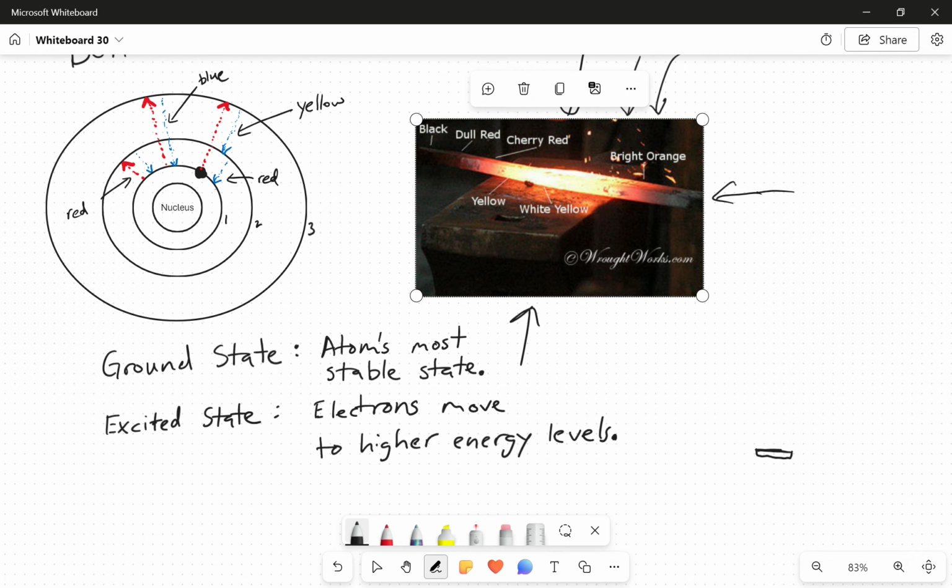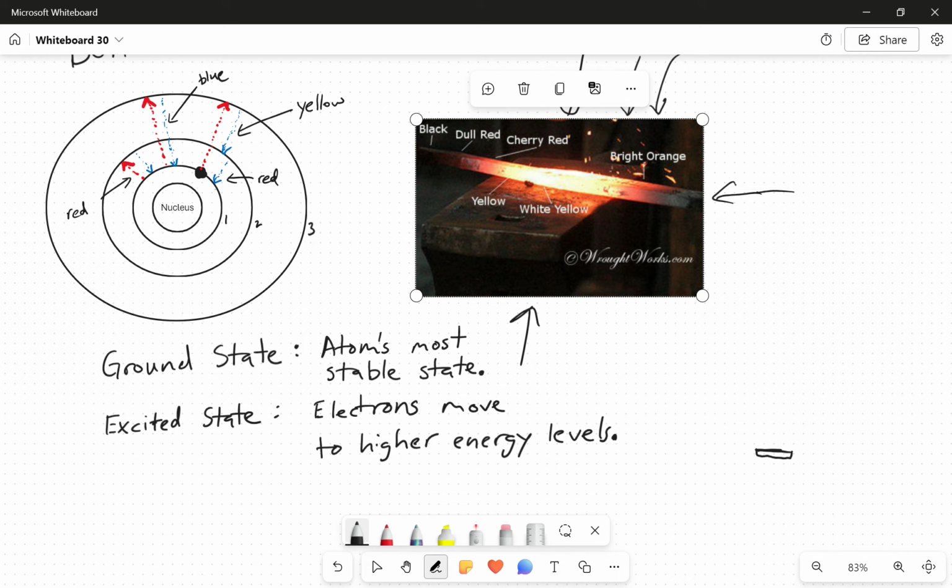Now remember, there's more than 3 energy levels. There's basically infinitely many, but we really only go up to 7 on the modern periodic table. So what this means is there's all kinds of different combinations that an individual atom can do, depending on how much energy is absorbed, how much energy is released, and how that energy is released specifically, whether it's stepwise or all at once. There are many different ways that this can happen.